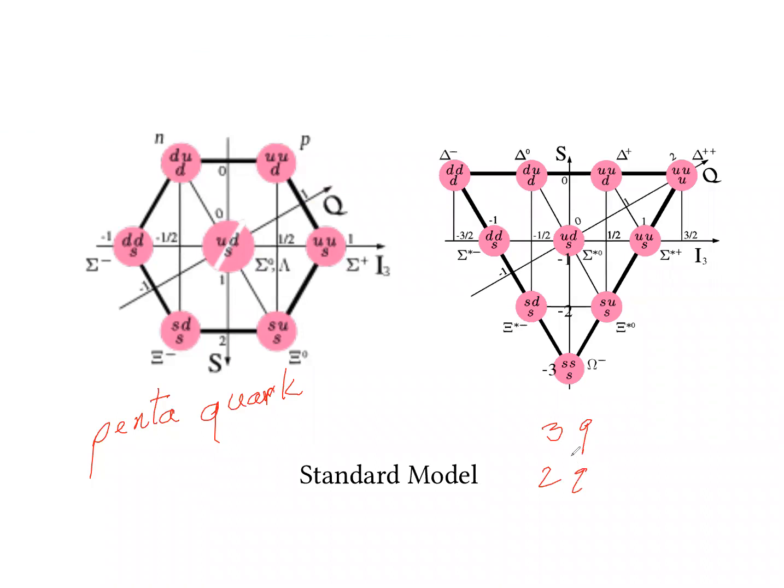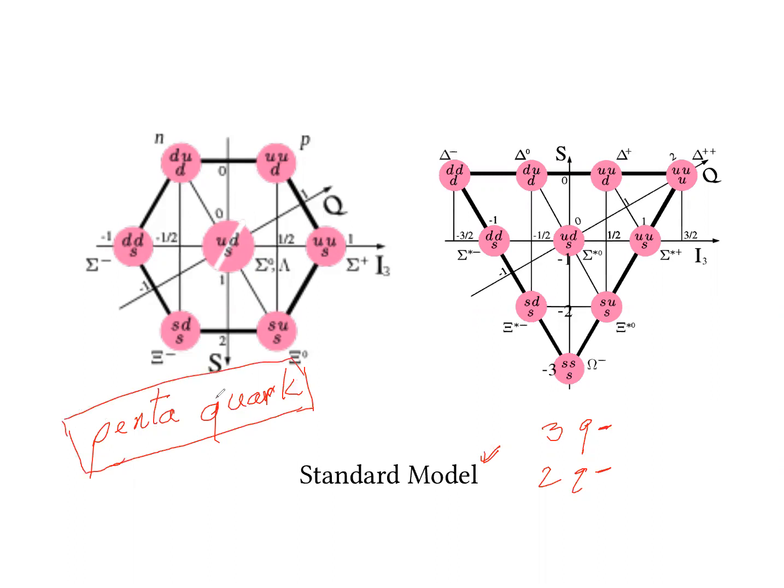There is no restriction. Only the standard model says there are three quarks and two quarks that make the hadron. But the original theory, quantum chromodynamics, does not allow any restriction. So it predicts pentaquarks, and some of them have been observed, some of them have not been, and there is a big discussion. There is a big fight actually over the pentaquark.